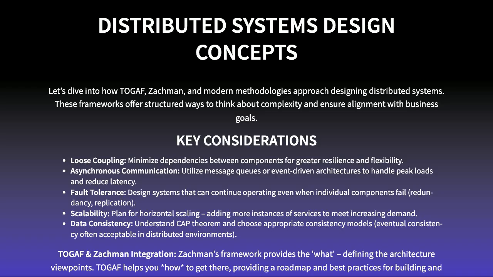Scalability is also crucial, making sure the system can grow as demand increases. And, of course, data consistency needs careful consideration using models like eventual consistency. TOGAF and Zachman are great tools here. Zachman helps us define what architectural views we need, while TOGAF provides a structured approach to getting there.